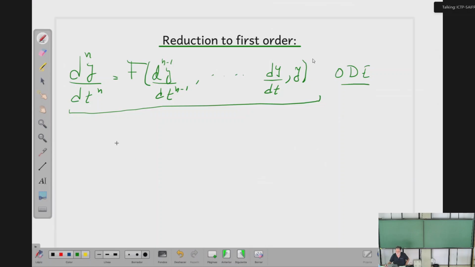So this could be many things, so it's very hard to work with this in this way. So what we are going to do is to write an equivalent system which is on a vector, but it's first order.